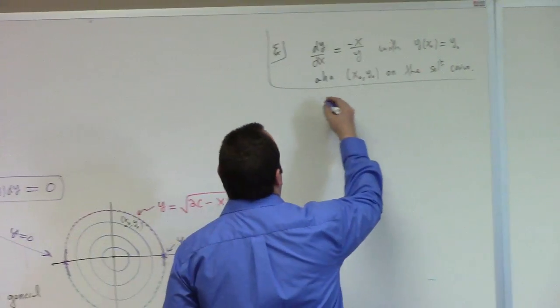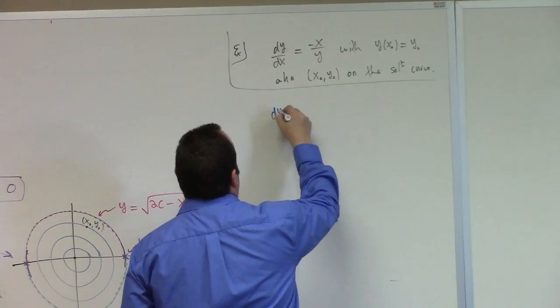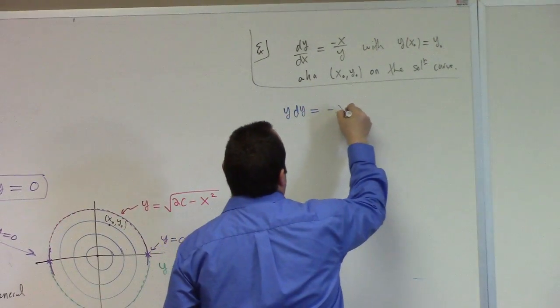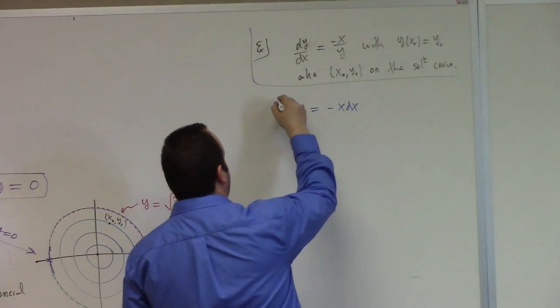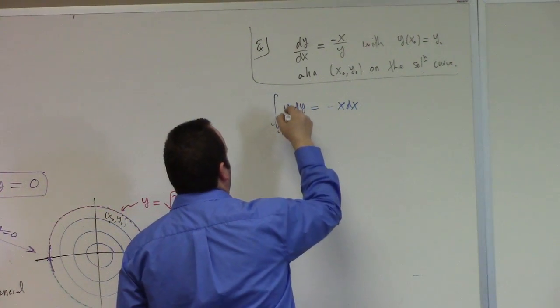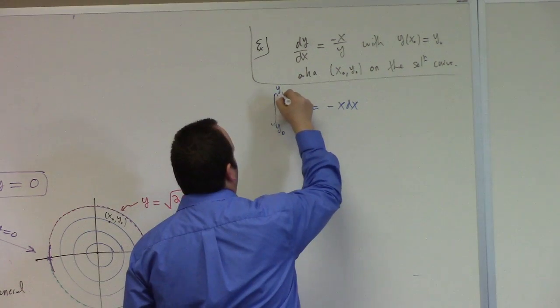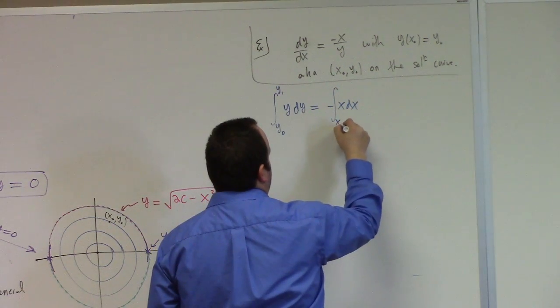Kind of the same song and dance, but how about this? I say dy times y is equal to minus x dx. Then I integrate this one from y naught to y1, and I integrate this one from x naught to x1.